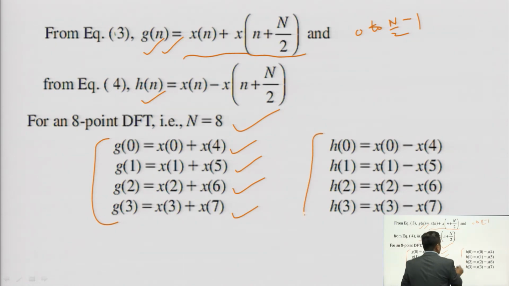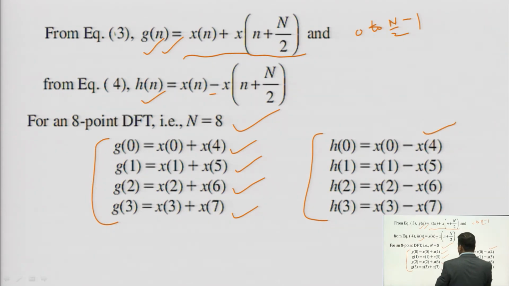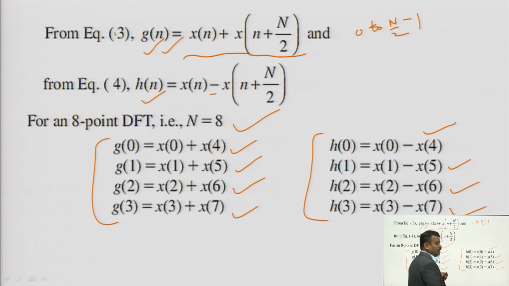Similarly, for the odd sequences you will get h 0 equal to x 0 minus x 4, because minus is there, and in a similar manner h 1 is x 1 minus x 5, then h 2 is equal to x 2 minus x 6, and h 3 is equal to x 3 minus x 7. So, here you are doing the first decomposition. First time you are splitting your sequences in frequency domain, that is DIF FFT.